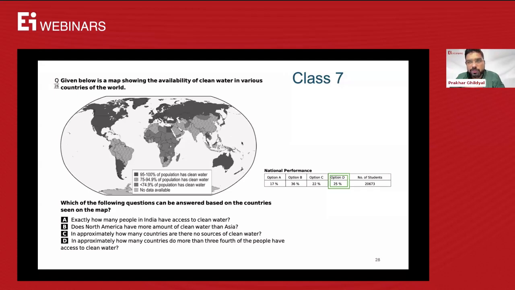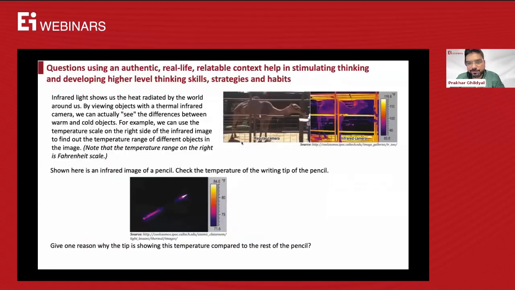I'll pause here for all of you to read this question again, 2 minutes. So the question also explains that this is infrared, what hot looks like on a temperature scale.